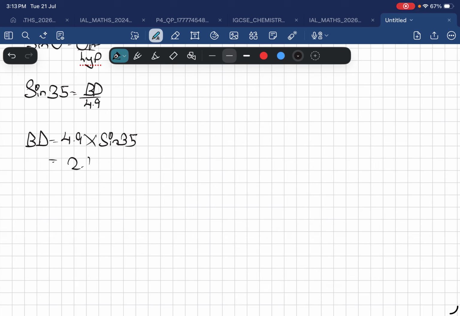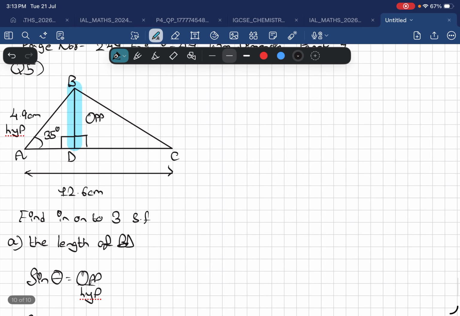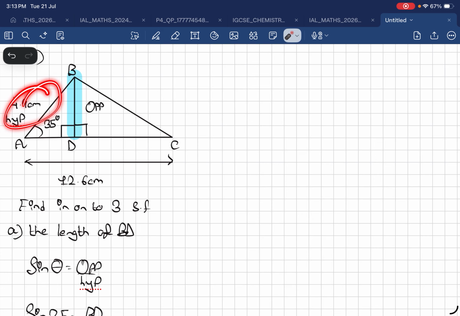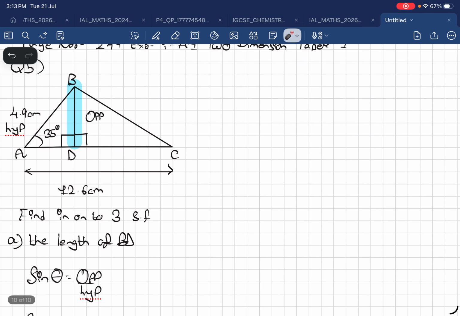equals 2.81 centimeters. Guys, if you look in the question, all the lengths are given in centimeters. So our length of BD or of AD will be in centimeters.